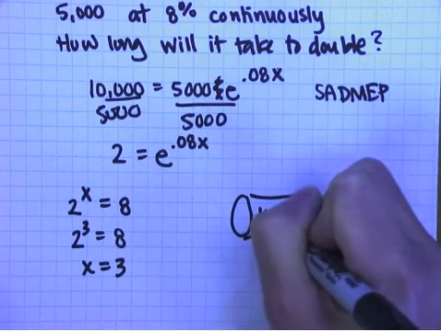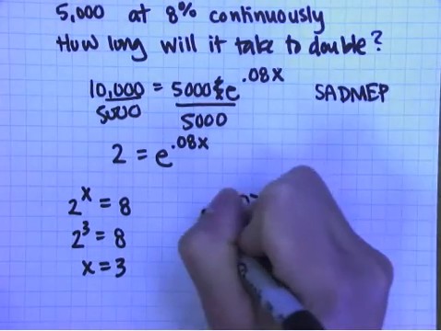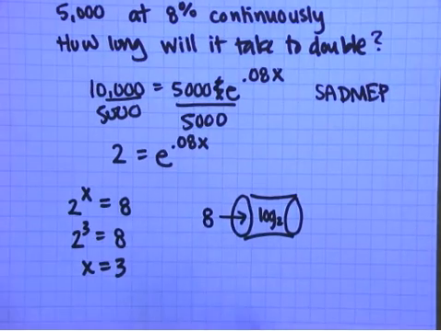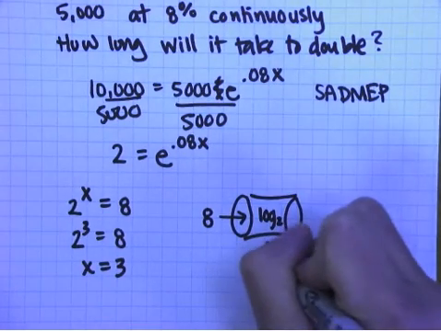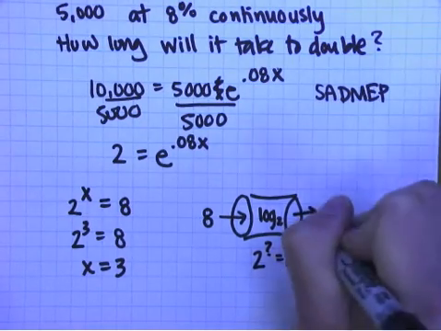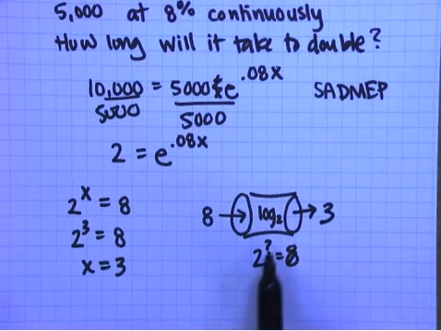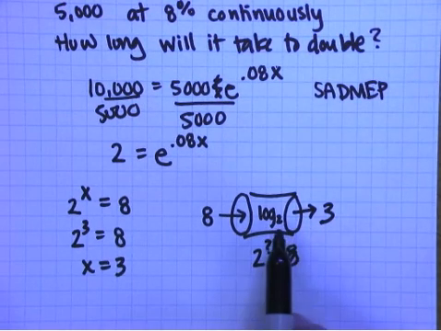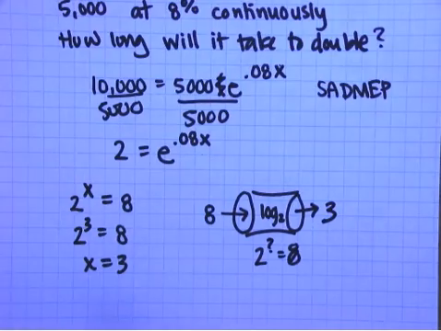So if I had this machine called log base 2, and I plugged 8 into that machine, what it would do is tell me 2 to the what power equals 8. And it would spit out the exponent that's appropriate. So in this case, it would spit out 3, because 2 to the third power equals 8. And so a logarithm is a special tool in math that tells you something about exponents.